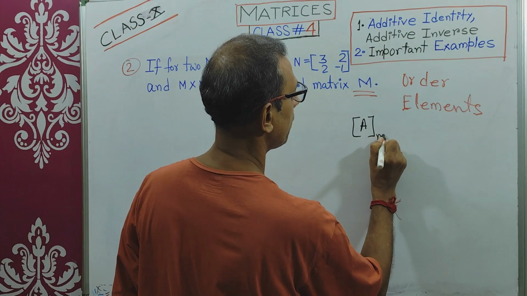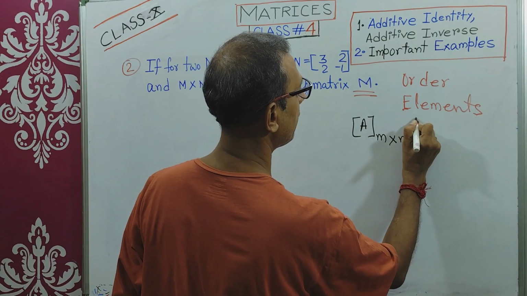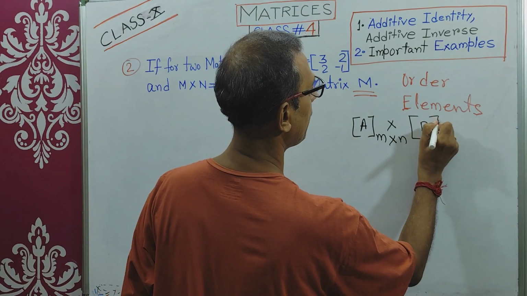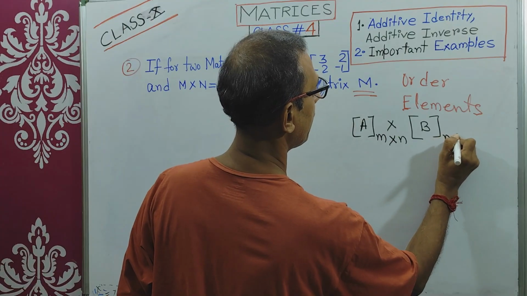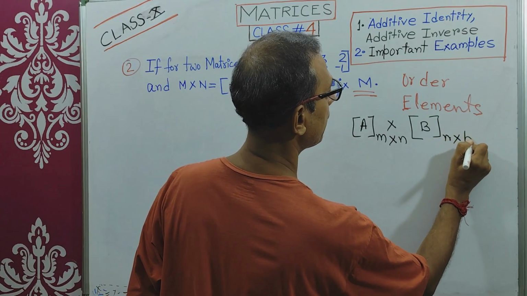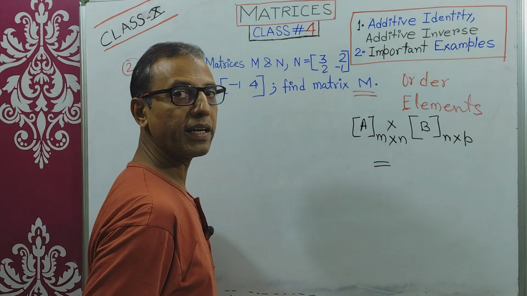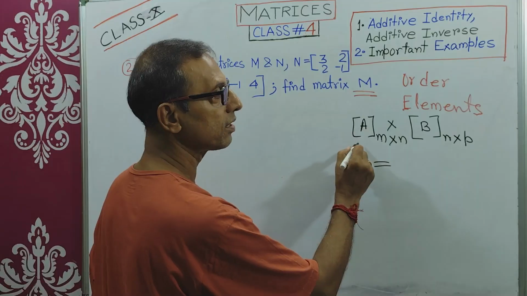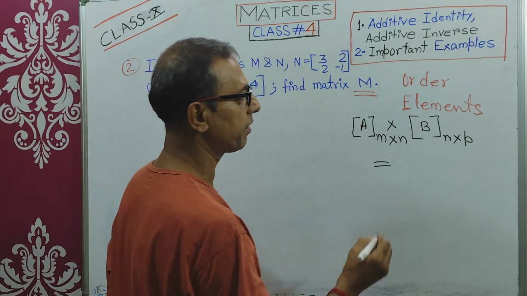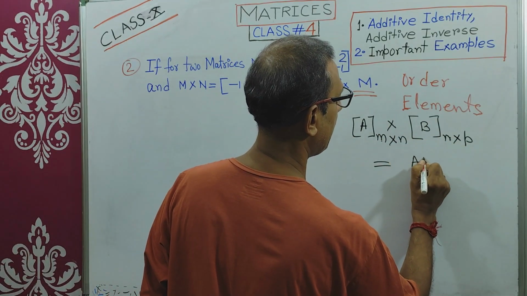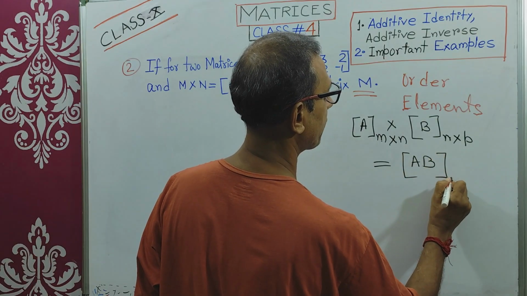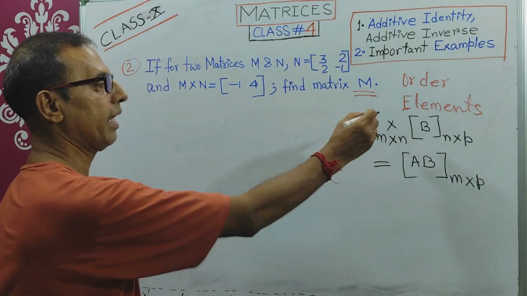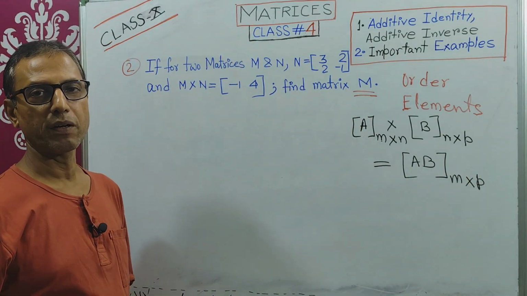So A of m by n into B of n by p, then the resultant matrix will have the same number of rows as the first matrix and the same number of columns as the second matrix. So AB will have the order m by p. That is what we already learned in our last class.